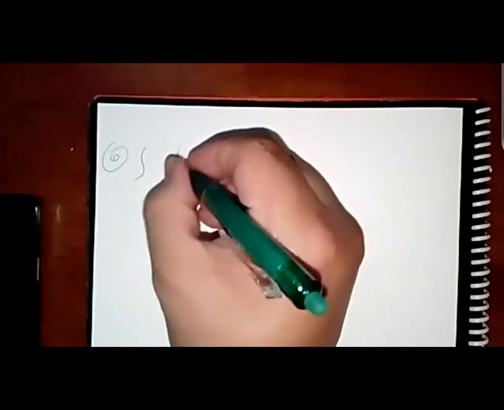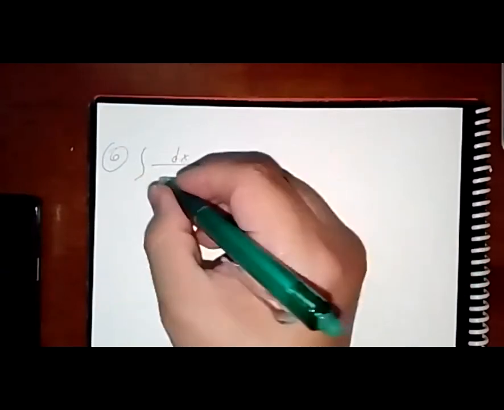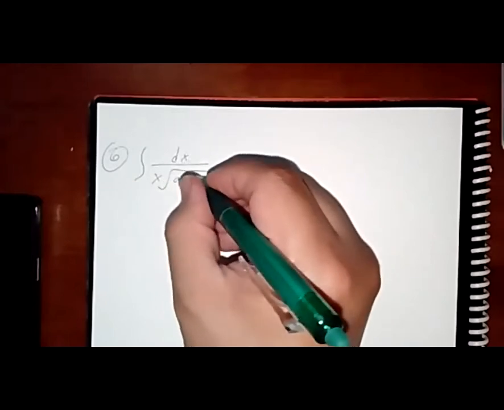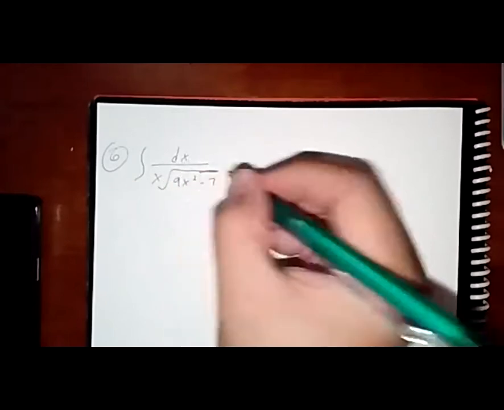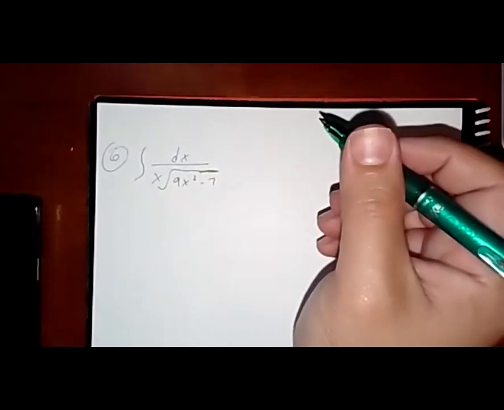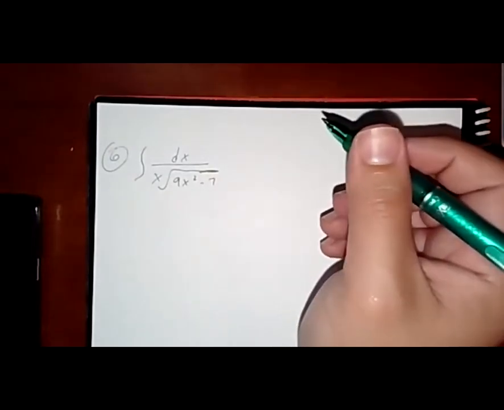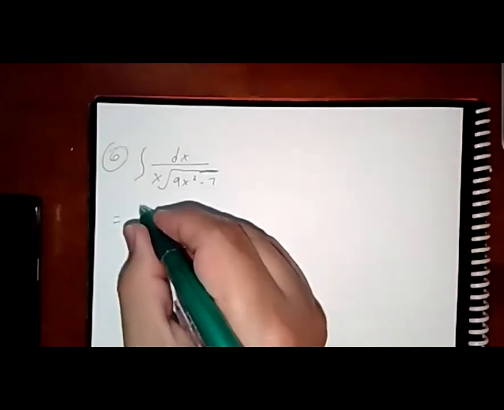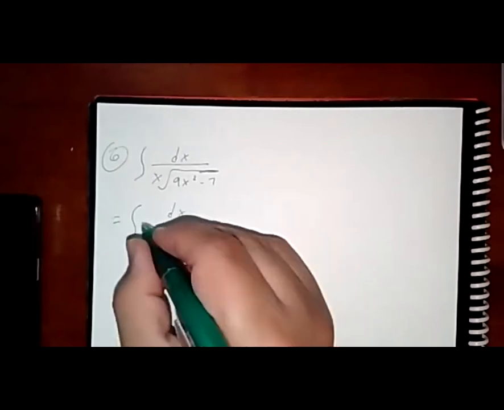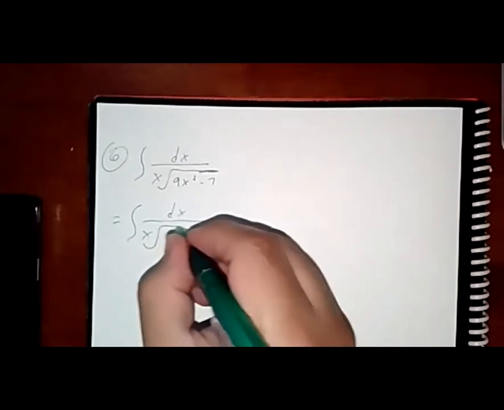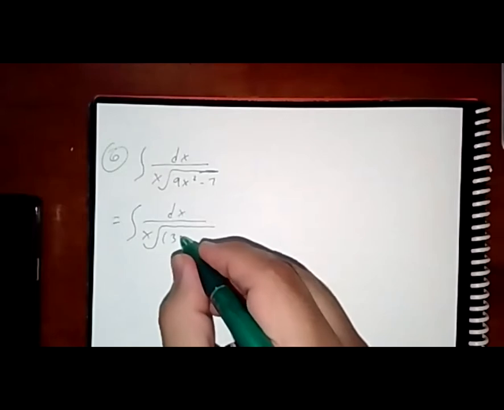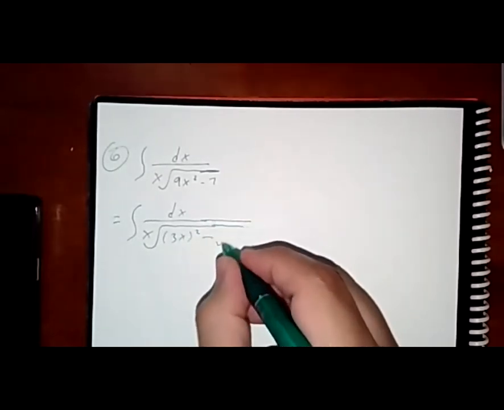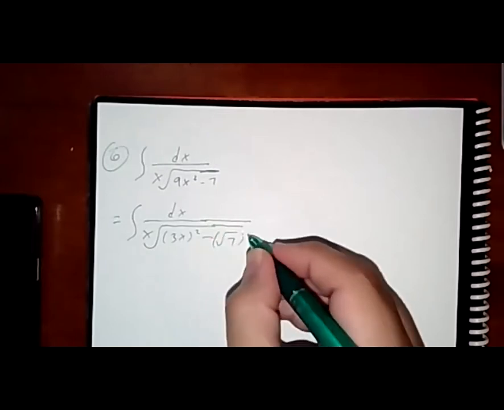All right, integral of dx over x times square root of 9x squared minus 7. This looks like another trig type. I believe this is a secant problem from the formula sheet. So let's rewrite the problem first as x times square root of 3x squared minus square root 7 squared.